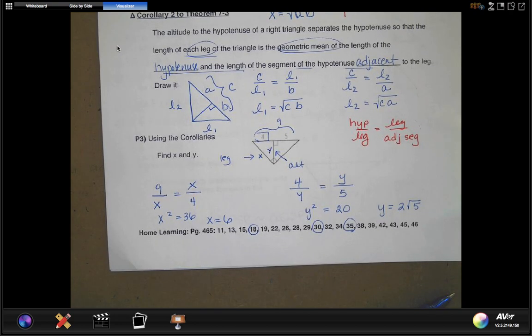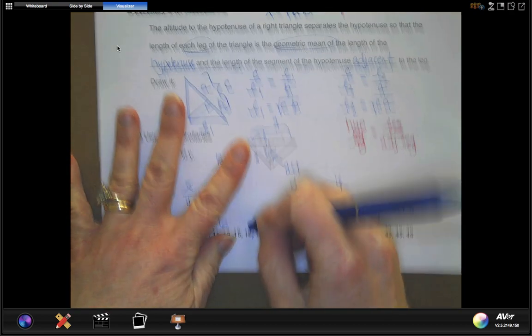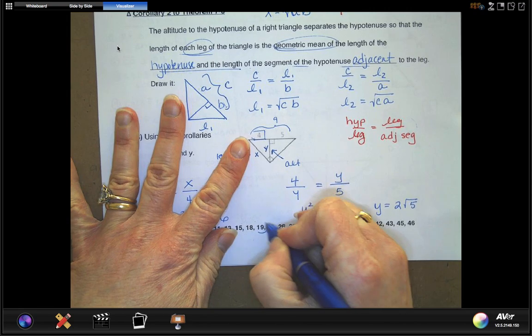So I'm going to do 18 first. 18, actually, let's do 19. 18 is just like the one we just did. That's easy peasy. All right, 19.